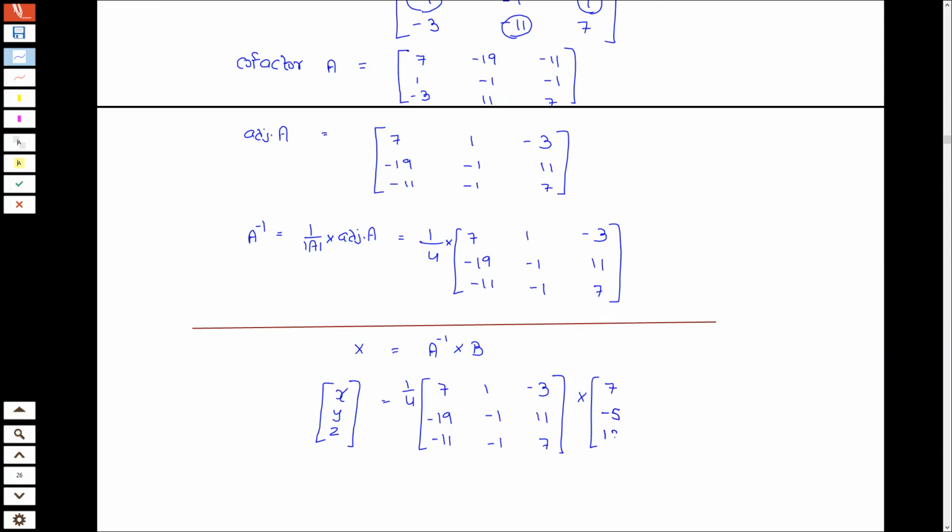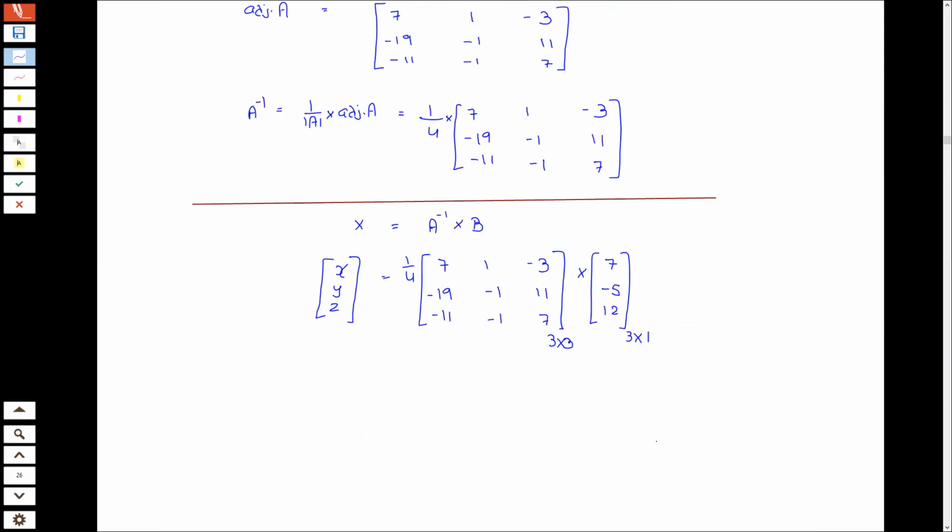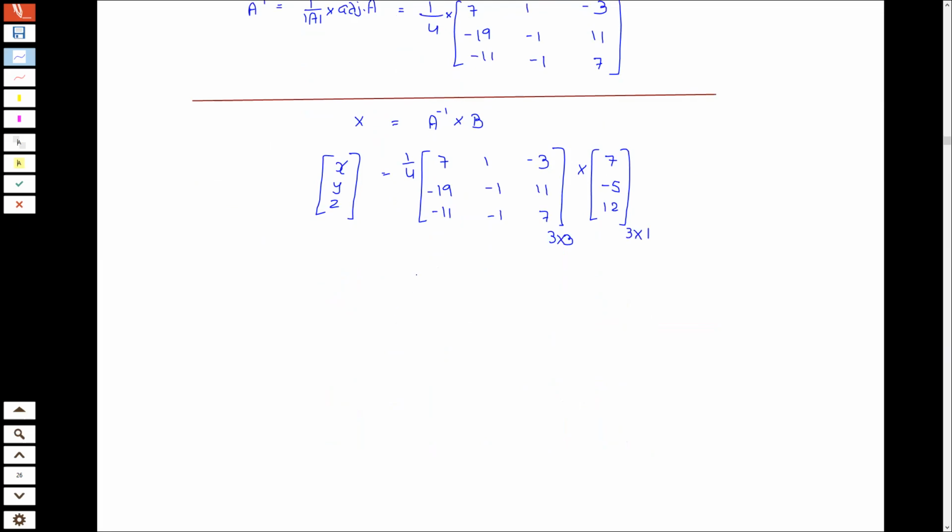7, minus 5 and 12. This matrix is of 3 by 3. This is 3 by 1. So if I multiply, I will get a matrix of 3 by 1.